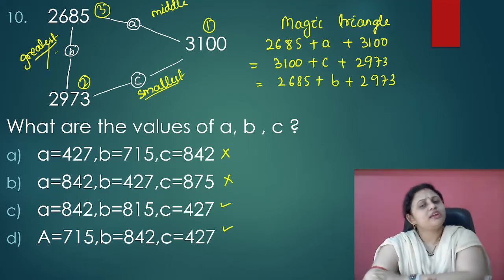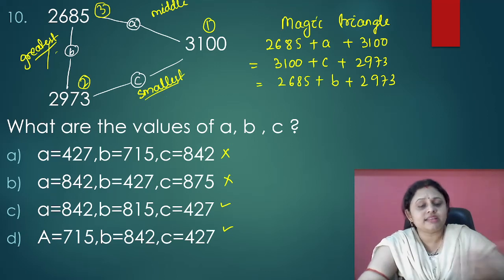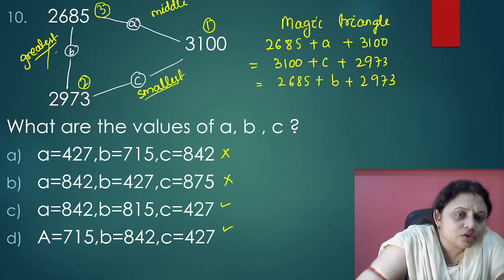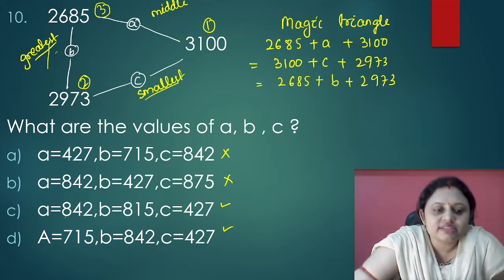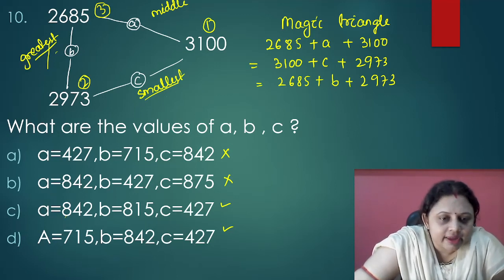Here we can apply the second thing: the lesser numbers are 2685 and 2973. If the two lesser numbers are there, the greatest number should be added. So B should be greatest. So we have to check options C and D again. In which option is B the greatest number? 815, 842: is the greatest number B?